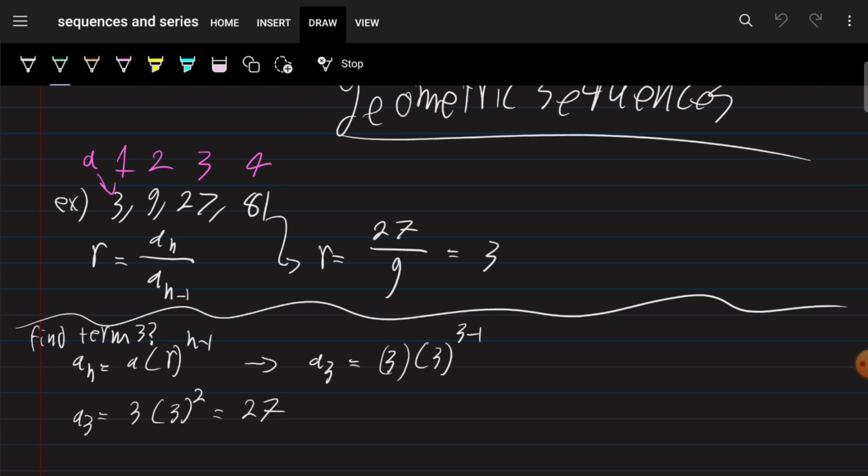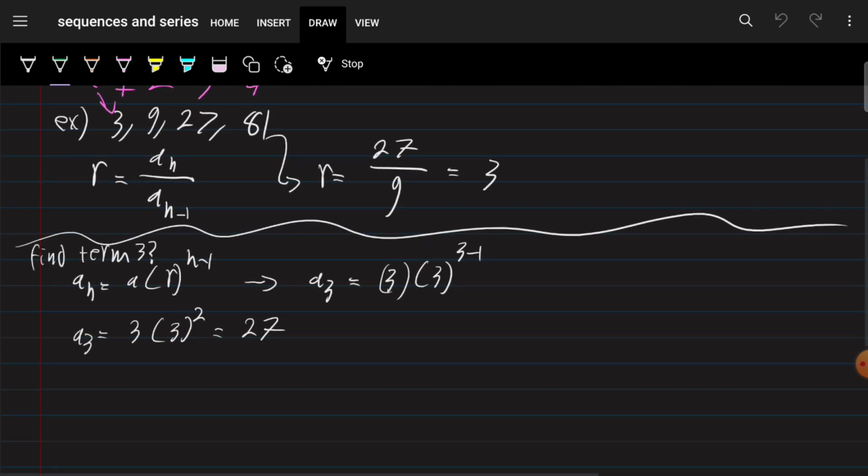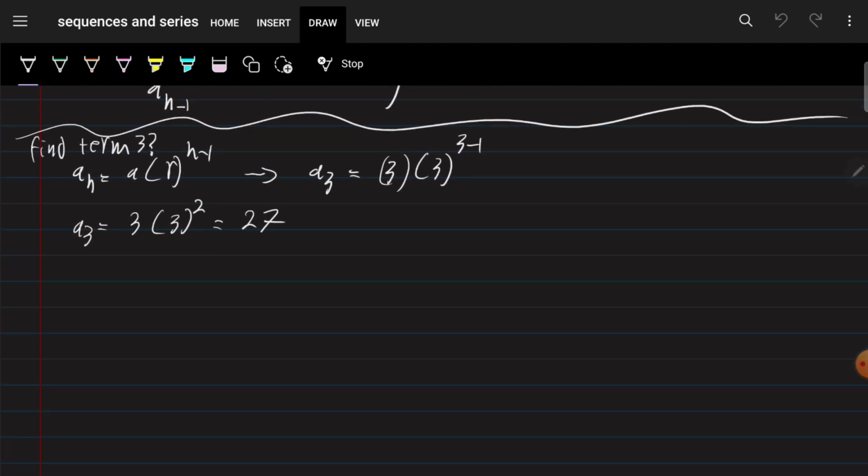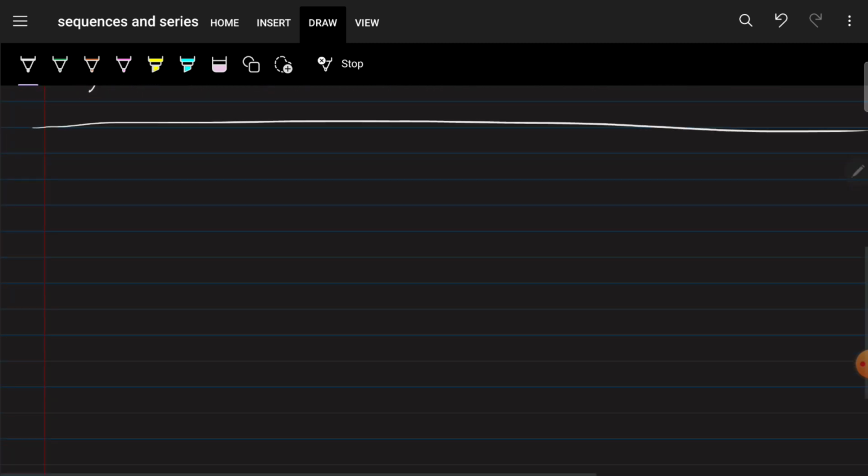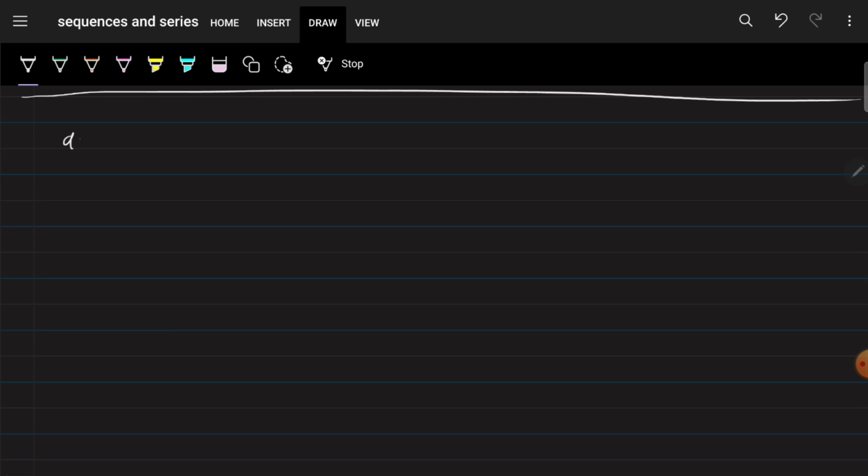We'll briefly talk about where this formula comes from. So let's have a look at that. So our formula is this: a_n equals a r^(n-1), right? This is the same formula we had above. So where does this come from? Well, let's say we start with the same sequence that we had on top.